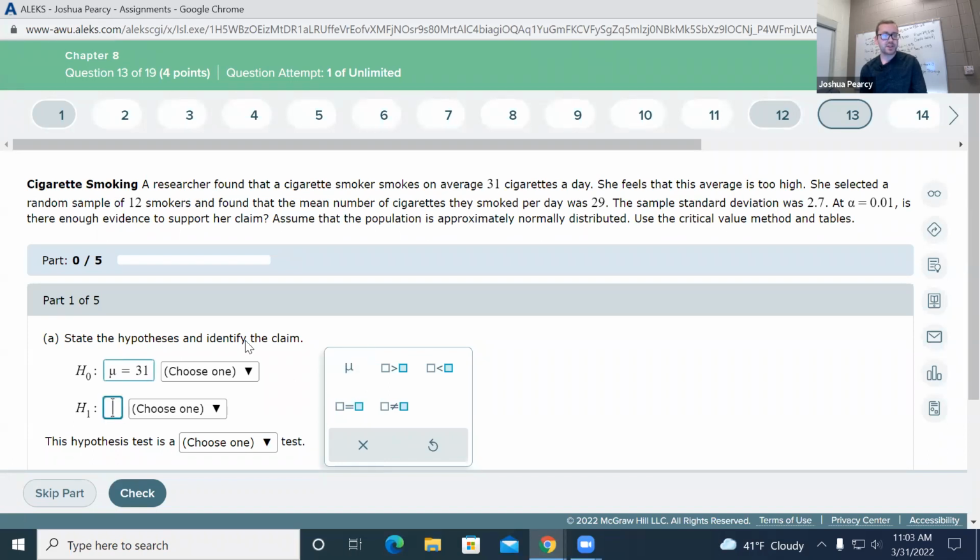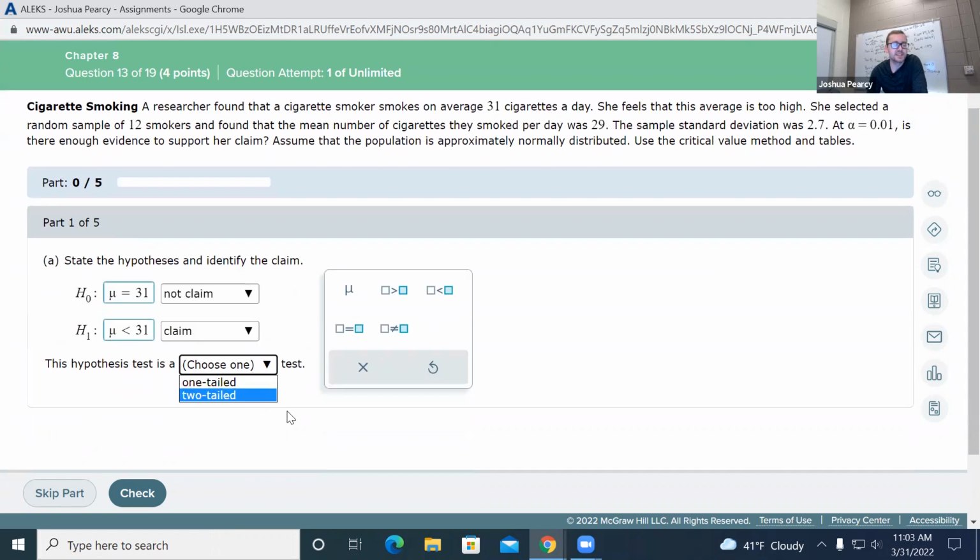And the alternative is what? Yeah, she thinks they smoke less than that, so mu is less than 31. At alpha 0.01, is there sufficient evidence to support her claim? So whatever she's saying is the claim in this question. And she is saying that the average is too high. So therefore, this is the claim, and this is not the claim.